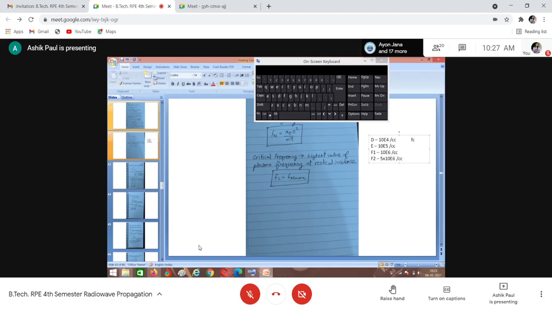That will give you an idea of the kind of frequencies we are typically talking about. Calculate and tell me the values, assuming these electron densities. Just put them in that expression, 1.24 into 10 to the power 4 f square.